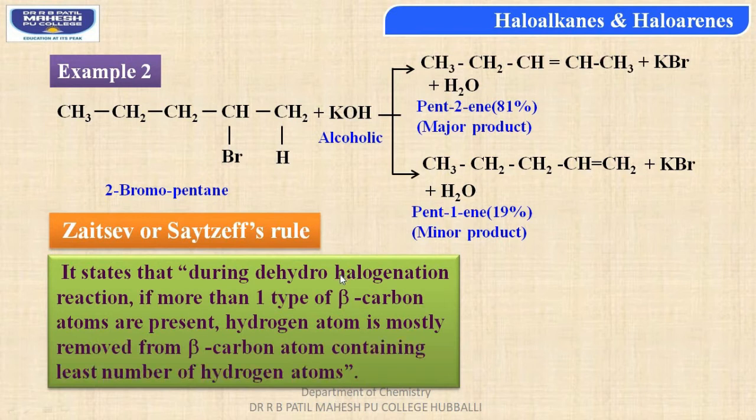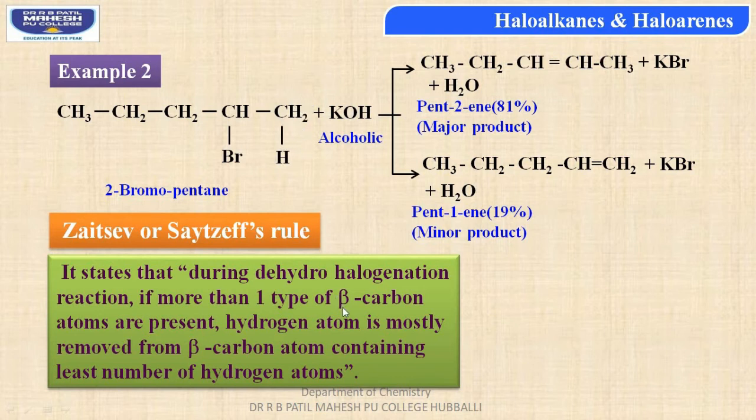According to Saytzeff's rule, the CH2 beta carbon is having only 2 hydrogens, whereas the second beta carbon atom is a CH3 group with 3 hydrogens.